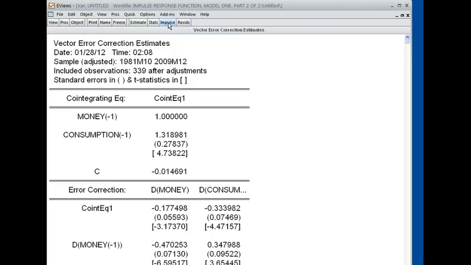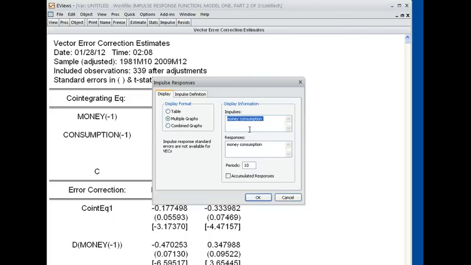I click here in the icon. Okay, then you can see impulses and responses. So it is like this. And periods, suppose I choose 8 periods. 8 periods in the future, or I can call it 8 months, because our data are monthly.